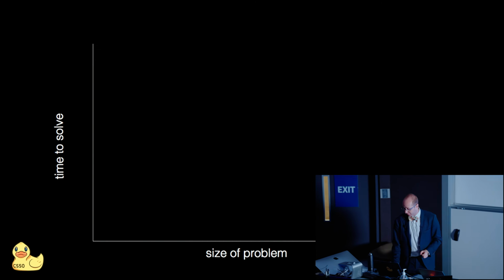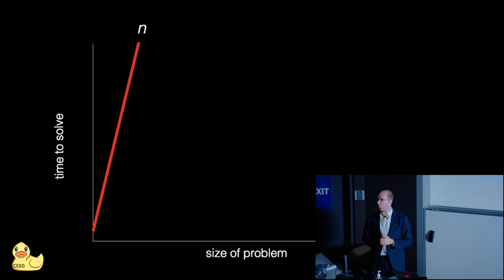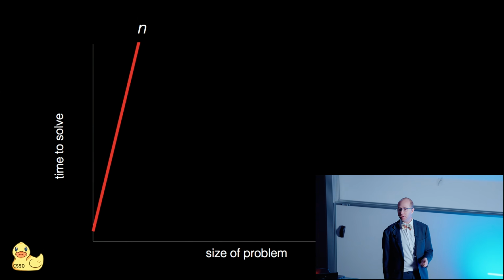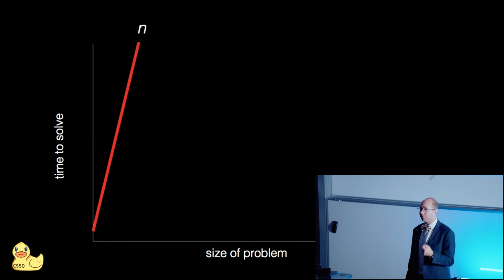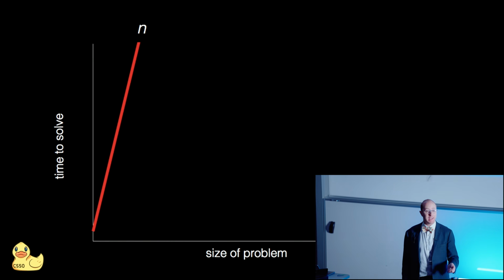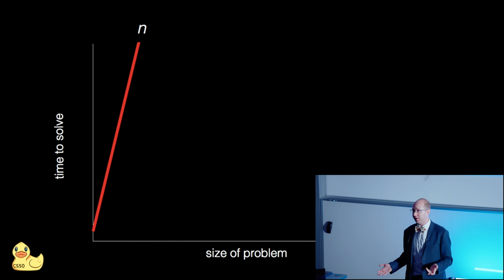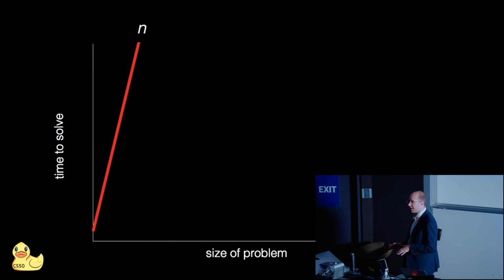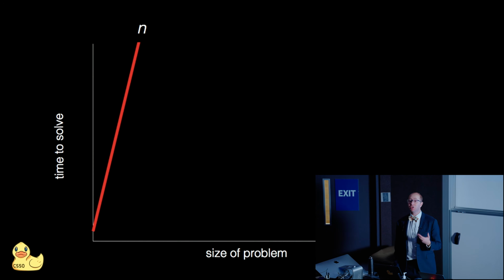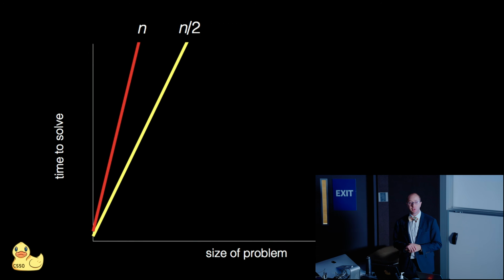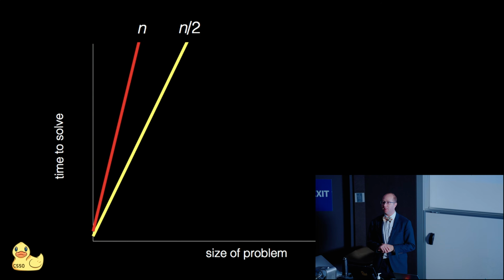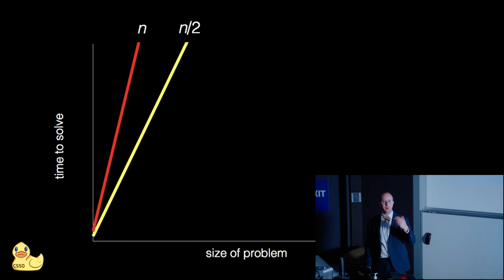Okay, so let's graph an algorithm. Doesn't really matter which one this is, but this is an algorithm where for every n units that we increase the size of the problem, the amount of time it takes to solve it also grows n units. Now, one thing that I'm covering up here is that there might be different slopes associated with this. So it could be an n over 2 growth in time relative to the growth in the input space.